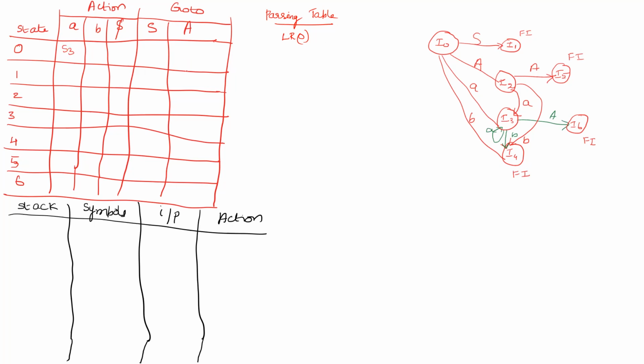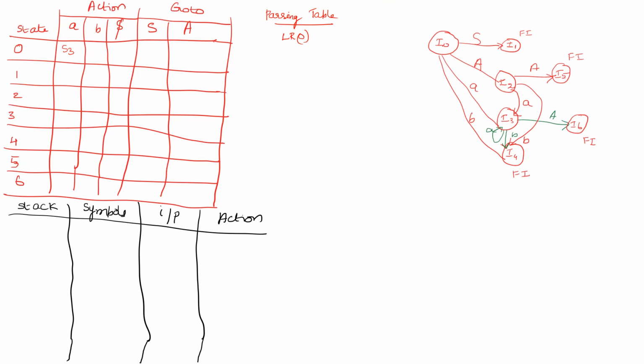Whenever we are constructing the parsing table, a transition from one state to another on a non-terminal or a variable has to be written under the goto statement.